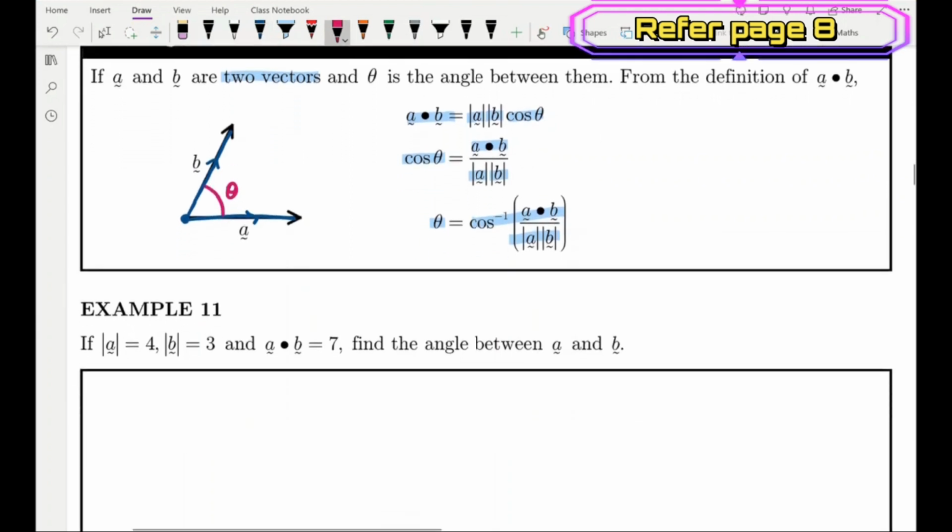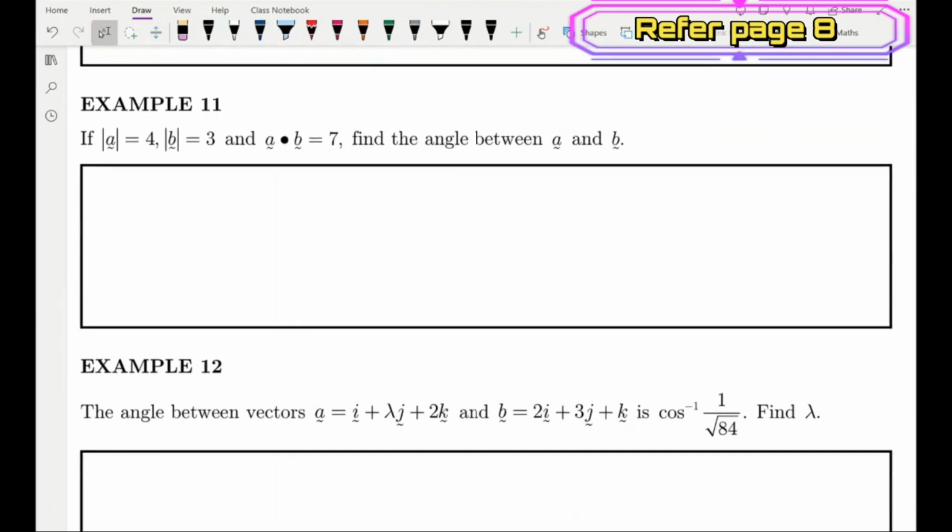Alright, look at example 11. If we have magnitude A equal to 4, magnitude B equal to 3, and A dot B equal to 7, find the angle between A and B. By using the formula cos theta equal to A dot B over magnitude A magnitude B, we just substitute the values: 7 over 4 times 3.